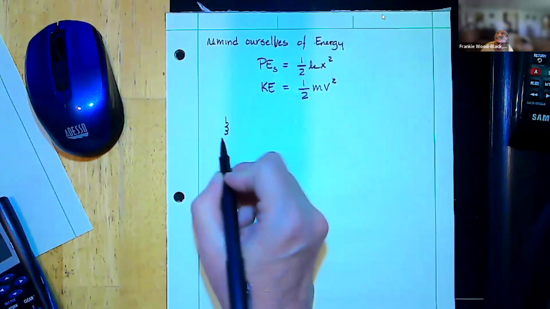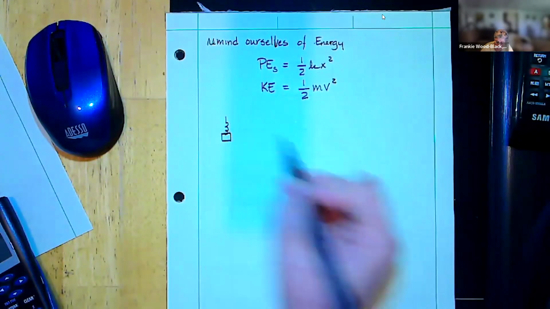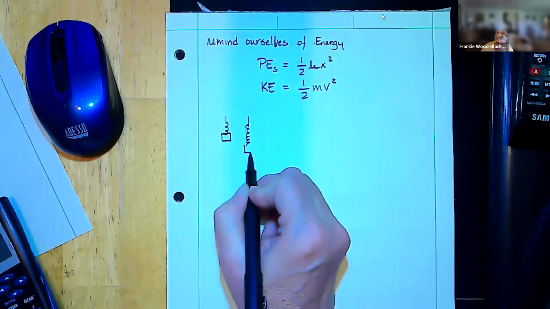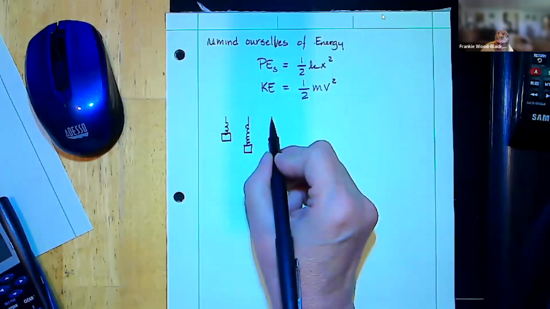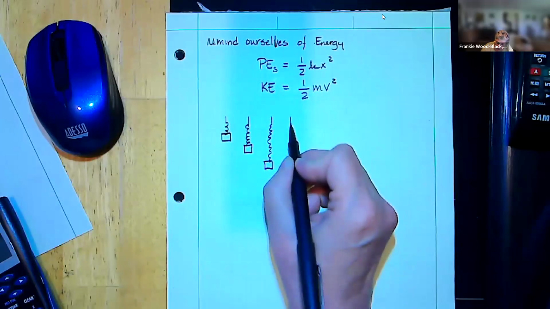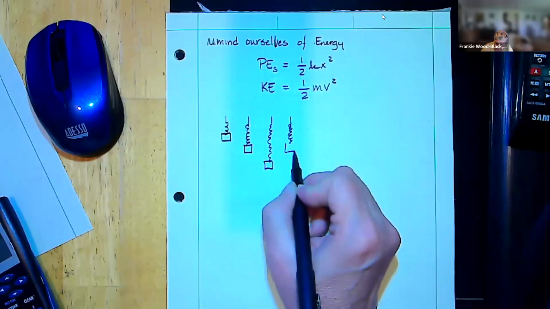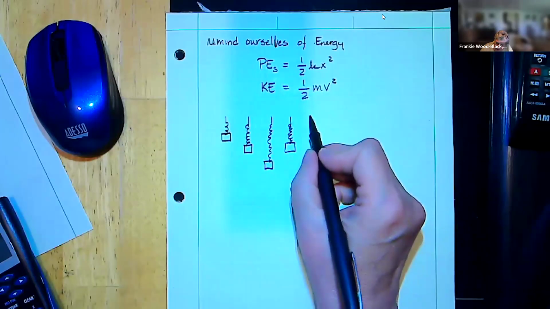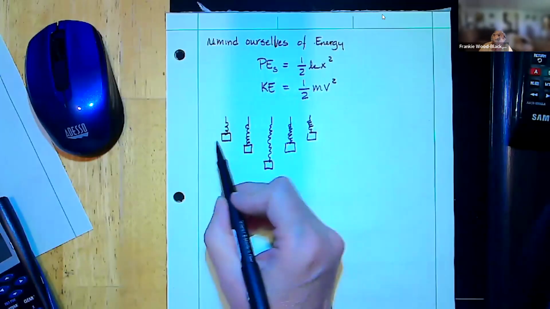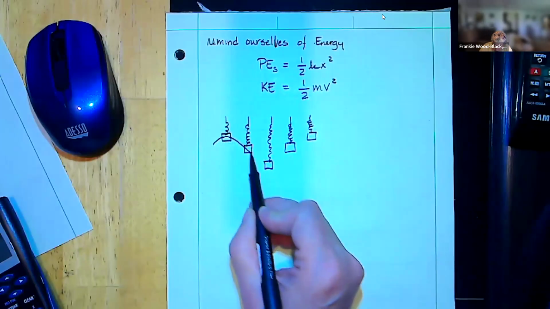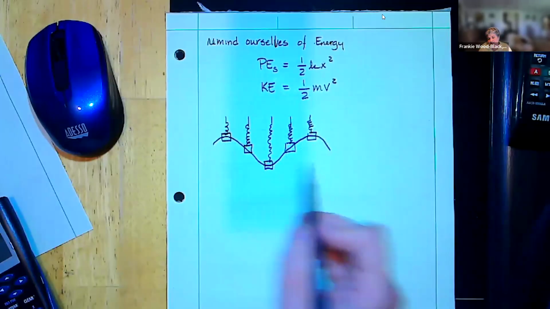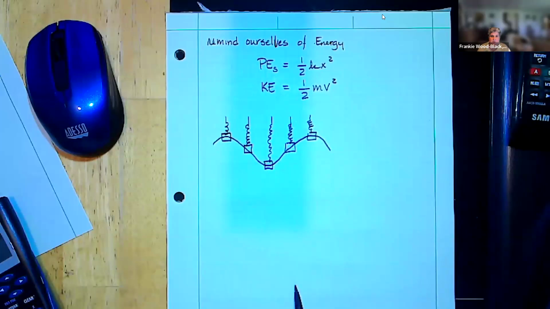So I'm going to start with my object up here. This will be at our equilibrium point. Then we've got a big stretch. We've got our equilibrium point here. And then we come back up to our little stretch here. So if I draw my curve that we've been talking about, and this is in relationship to time, so we're representing this as time.